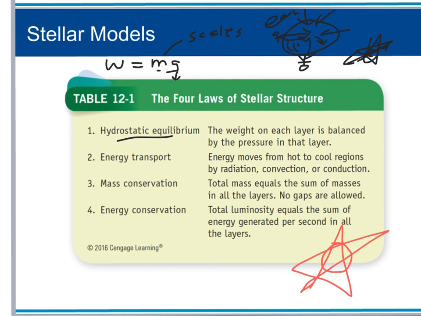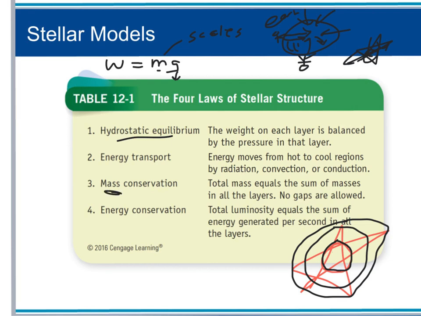We'll put a layer around the core, and we'll put the outermost layer, no matter how oddly shaped it may be, and another layer right there. In each of those layers, the total mass has to equal the sum of the mass at every layer. So we have a mass out here, a mass here, and a mass here, and we can keep getting real small all the way down.